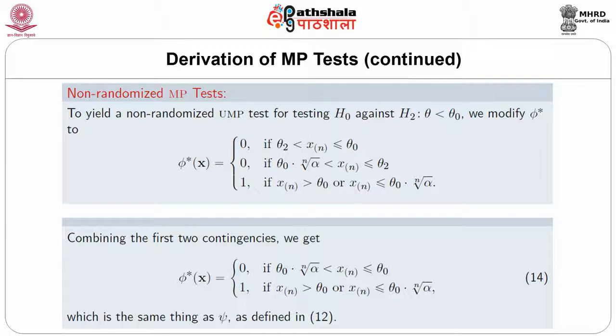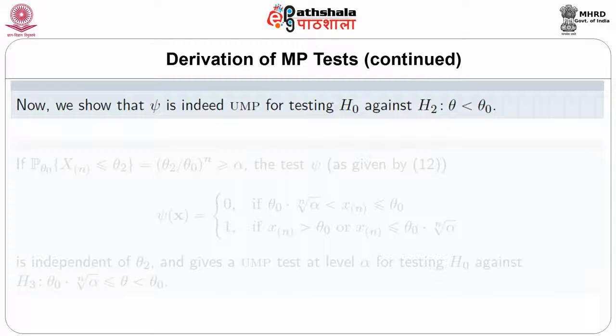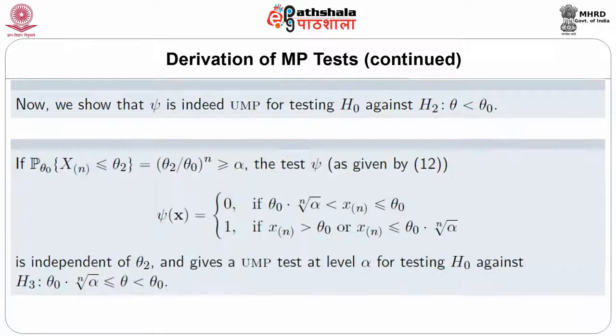You see that theta 2 is not present here. So, we remove theta 2 by considering this region, x order n between theta naught alpha to the power 1 by n and theta 2, and taking phi star 0 there. Okay? So, phi star is 0 if x order n lies between theta naught alpha to the power 1 by n and theta naught, and 1 otherwise.